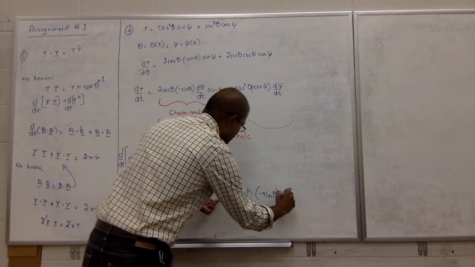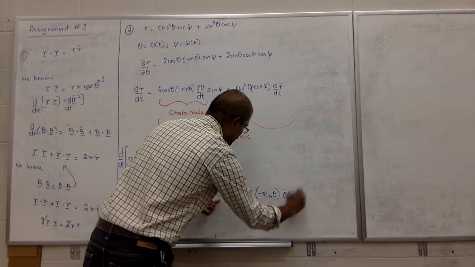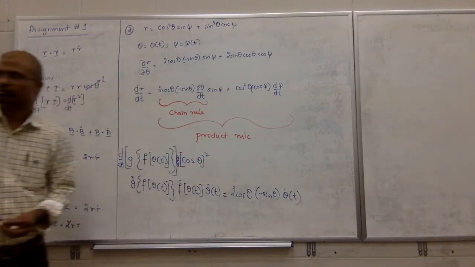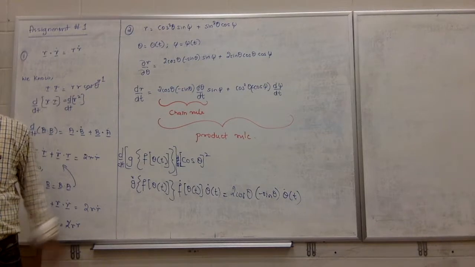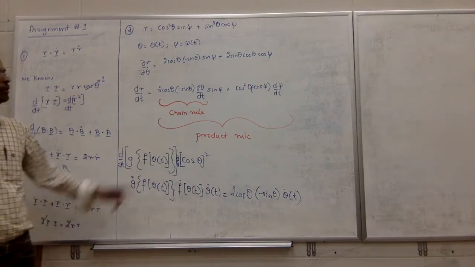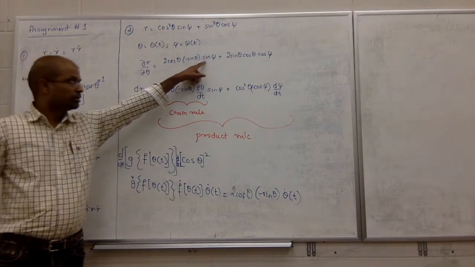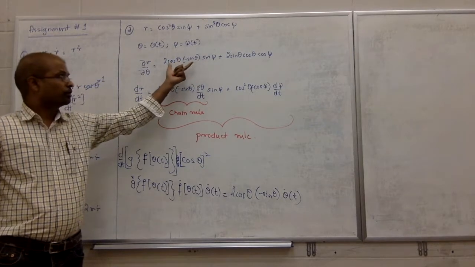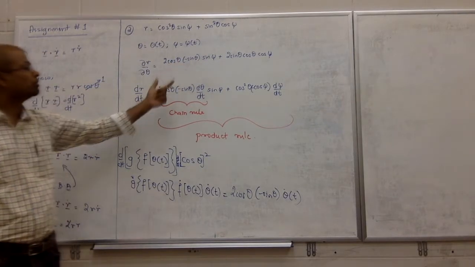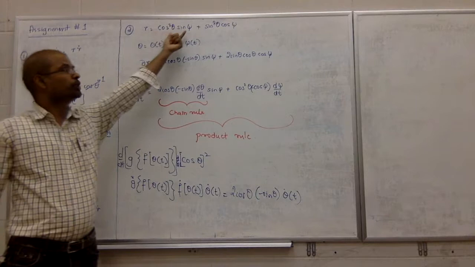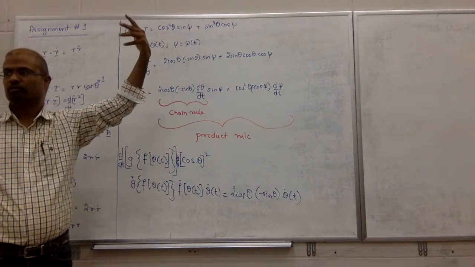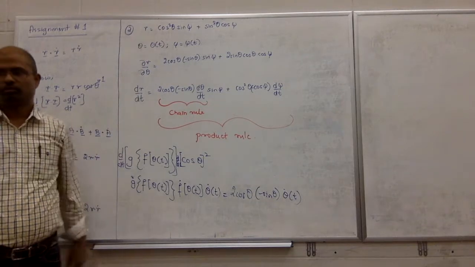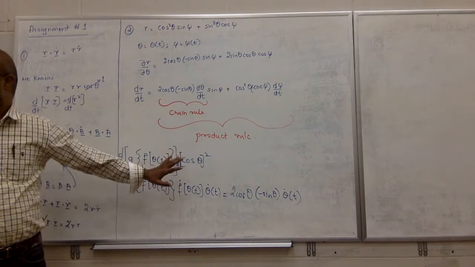This term is theta dot. This is how the chain rule applies, and then you have to just take the product rule. So this is A into B, right? A B dot plus B A dot. You get this?